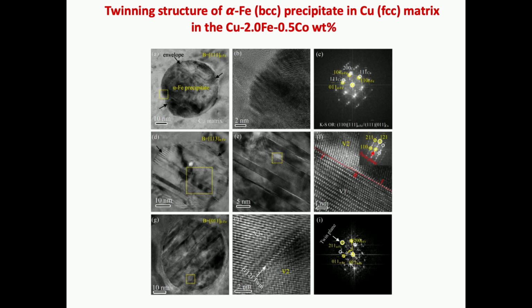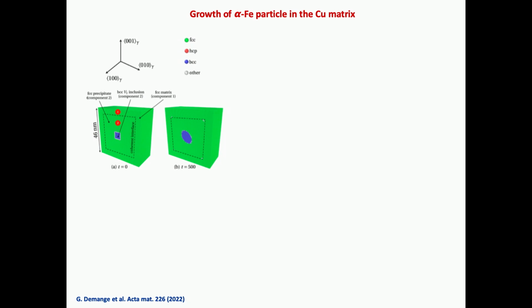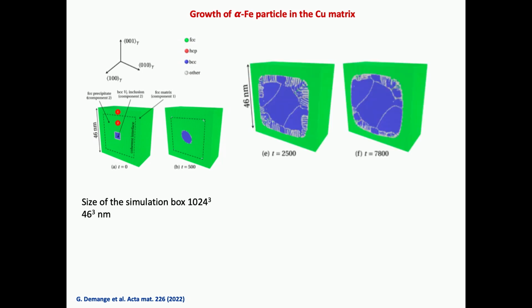High-resolution images show us the interface between the different variants, V1 and V2. So to model this, in a big simulation box we introduce a small nucleus of the Kurdjumov-Sachs orientation relationship BCC phase, and then we follow its growth.